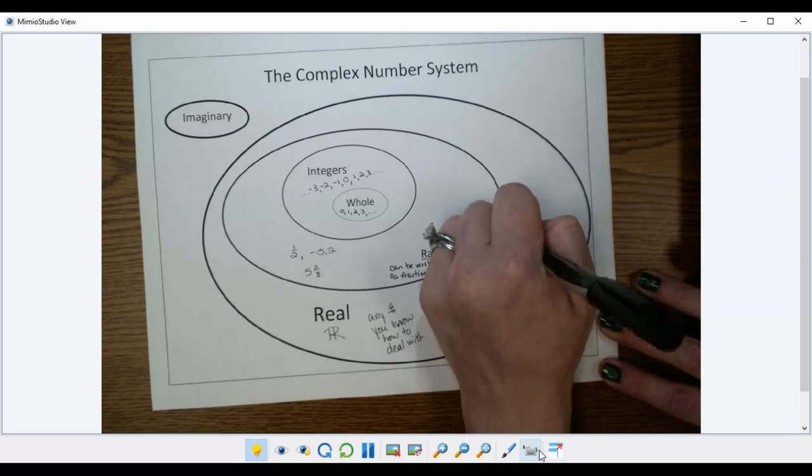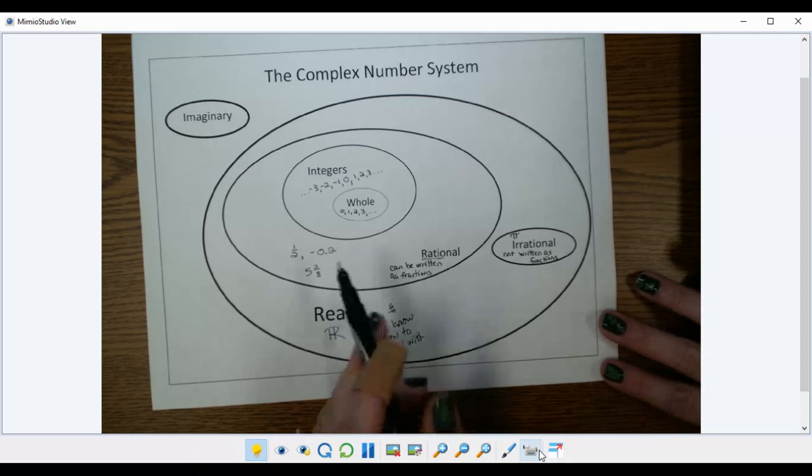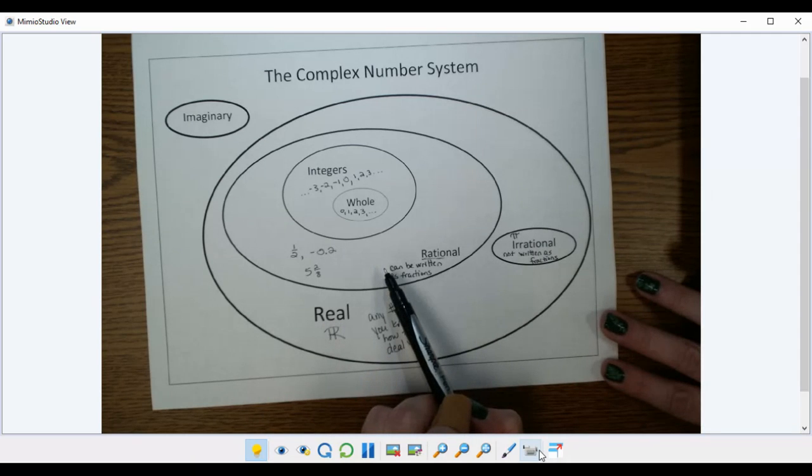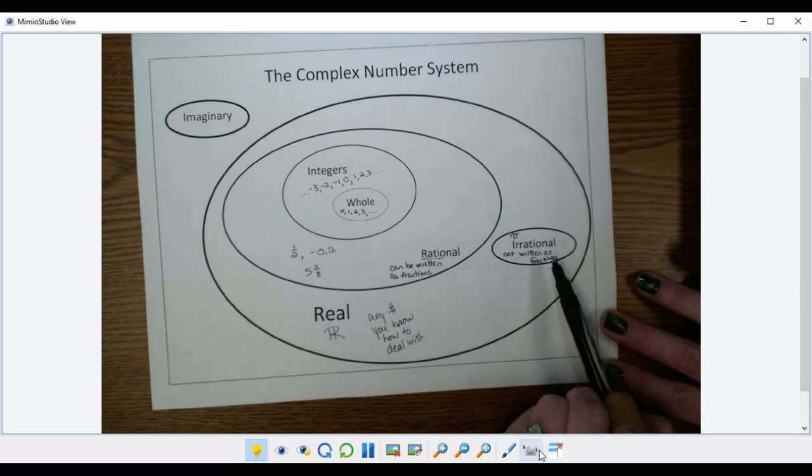Things like pi is an irrational number when we talk about circles and Pi Day in March. Numbers that repeat but don't end. Most of the numbers that we deal with that repeat will be in the rational numbers. They can be written like fractions, like 0.7 repeating would be 7/9. These are other ones that really don't have a pattern.